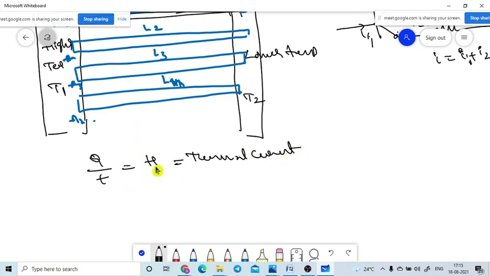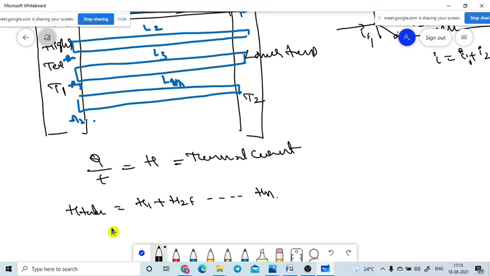The first conductor's thermal current is H1, the second is H2. The total thermal current H total is equal to H1 plus H2 and so on up to Hn. Are you getting it or not?